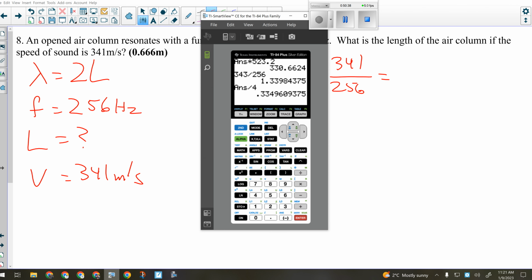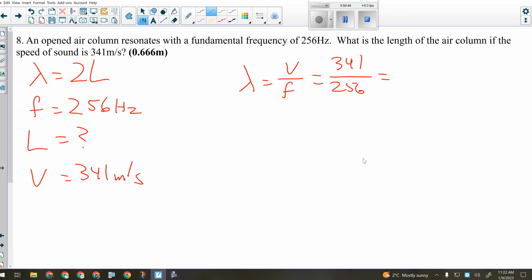That'll be our 1.339 again. Then I would find that length by simply dividing that by 2. So lambda over 2 would equal L.